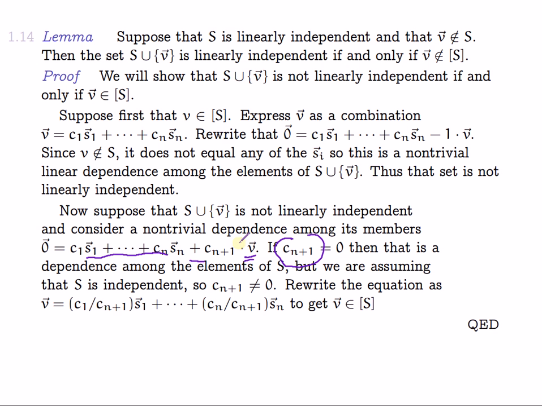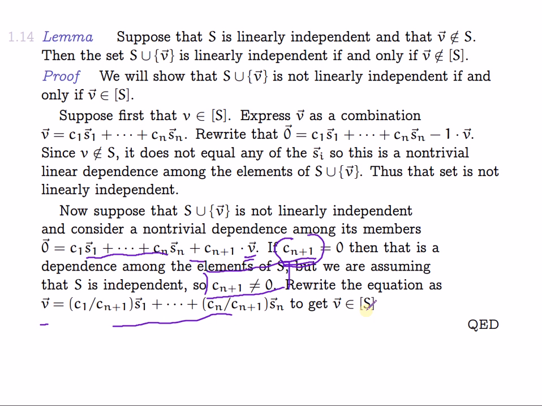Because if it was 0, then we'd have a linear relationship among the S's, but we know that S is linearly independent. So we can conclude that the coefficient is not 0. Since the coefficient is not 0, we can write V as a linear combination of the S's, which means that V is in the span of S.